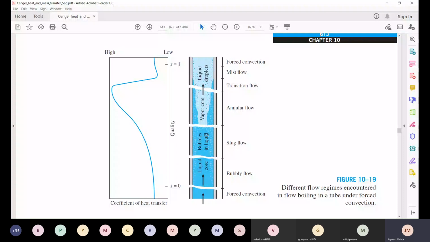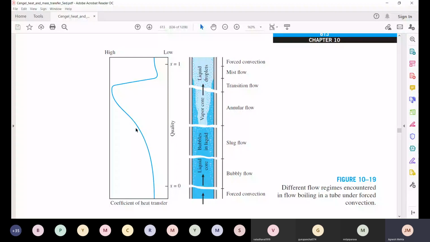the behavior or the physical phenomena occurring in various regimes, how they are characterized, what the vapor fraction range is for each zone, and what the heat transfer coefficient is.